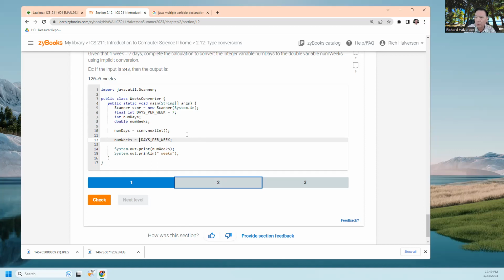Okay, so I got to compute double num days. I'm supposed to figure out the number of weeks. So this must be divided by.